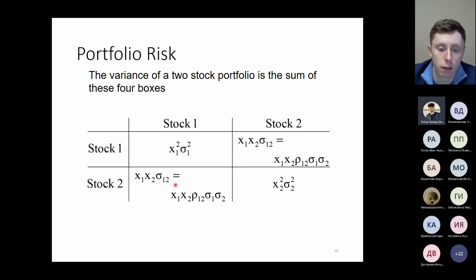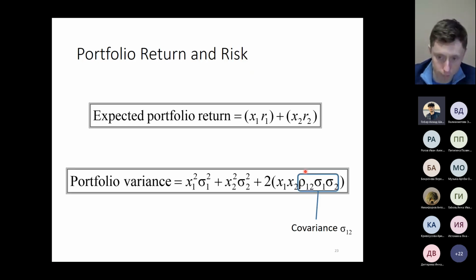You see that these are equations, because this thing is equal to that one. And in order to estimate the risk of the portfolio, we find the sum of all the values within this table.